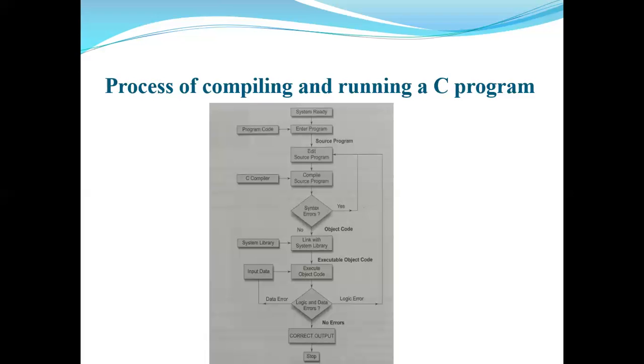Then edit the source program. The program written by the user is normally called the source program. Once the program is written, compile the source program using a C compiler.